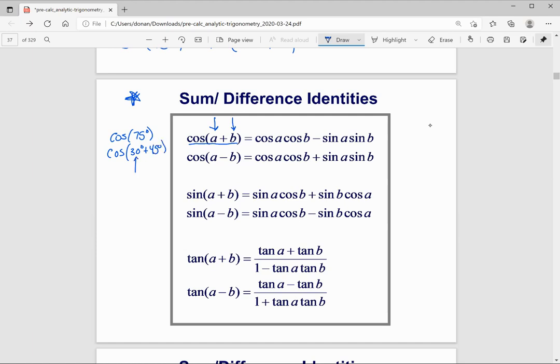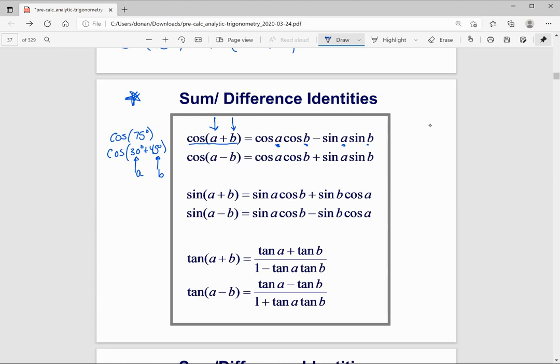And now this is the A value and this is the B value in our formula. And so to find the cosine of 75 degrees, it would be the cosine of 30 degrees times the cosine of 45 minus the sine of 30 degrees times the sine of 45. So we would plug those A and B values in.